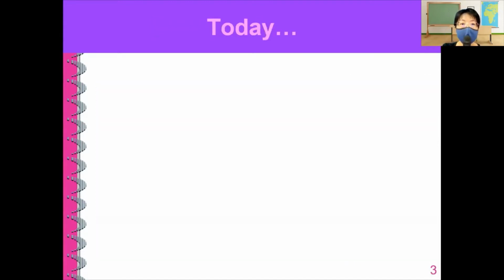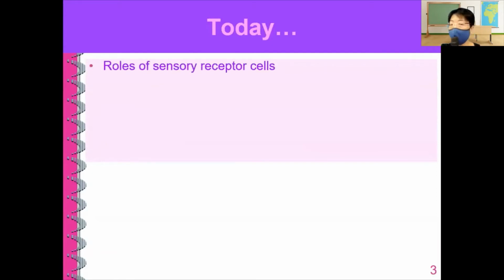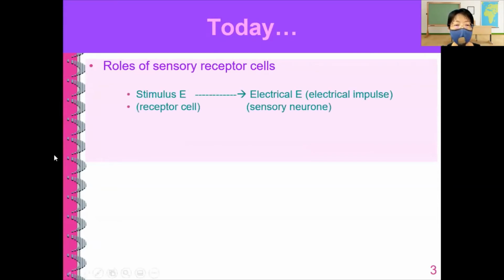So today we are going to look at the roles of the sensory receptor cell as an example of a receptor. It is a cell, or a group of cells. The receptor cell is supposed to be able to receive the stimulus energy, and then after that be able to stimulate the sensory neuron to start to send an electrical impulse.